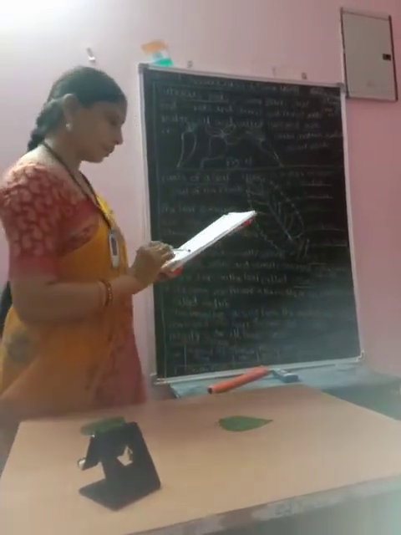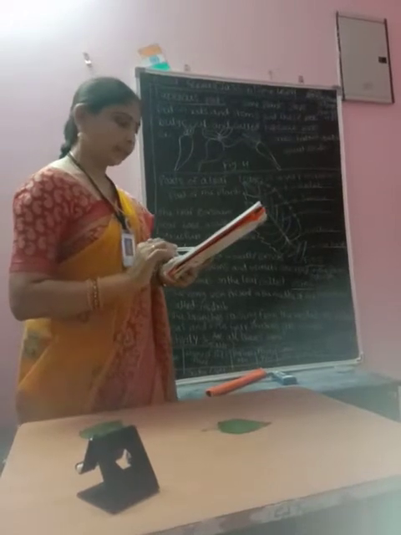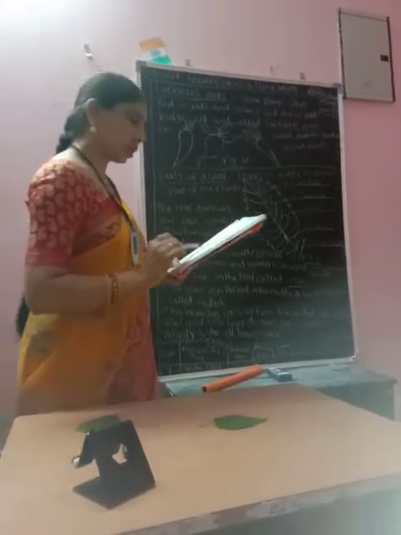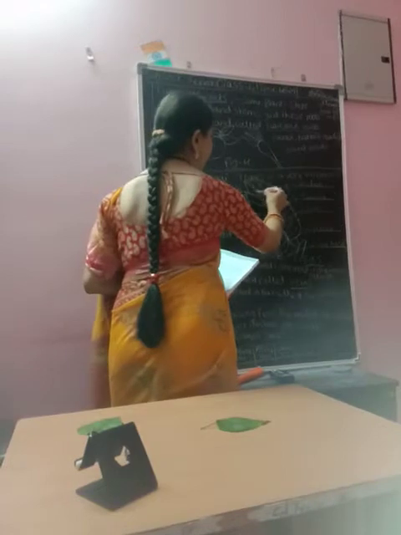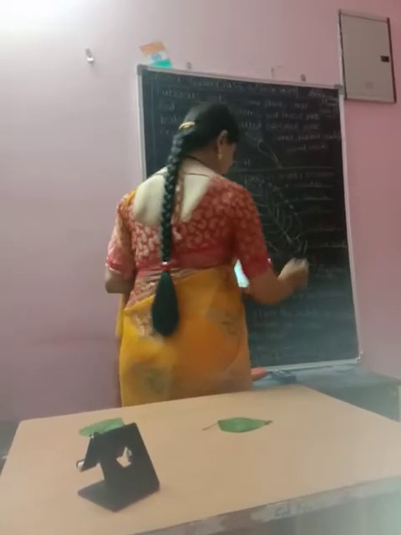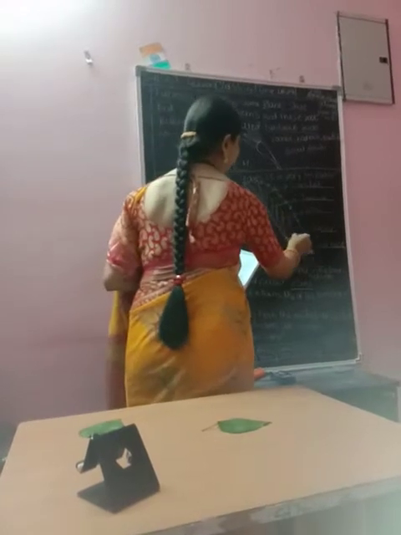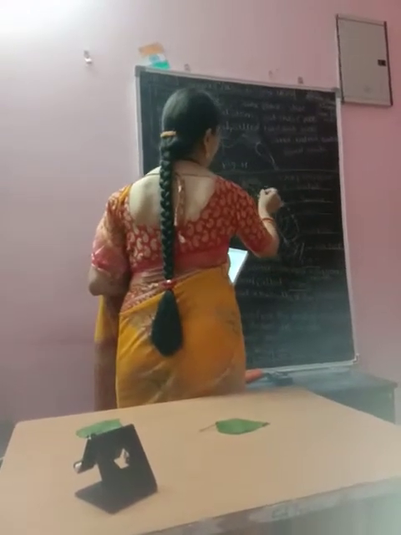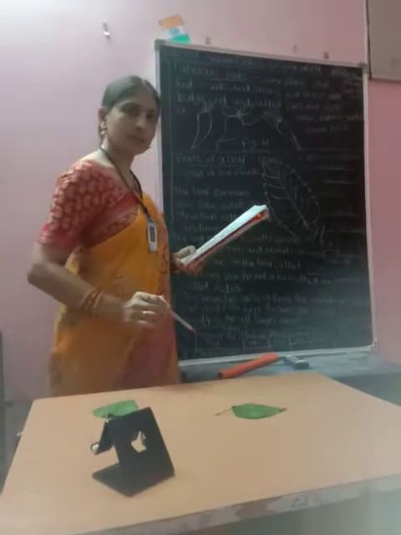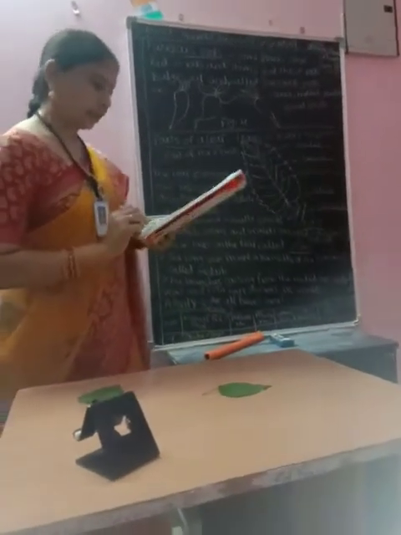One more point. The long vein present in the middle of the lamina is called the midrib. Can you understand?